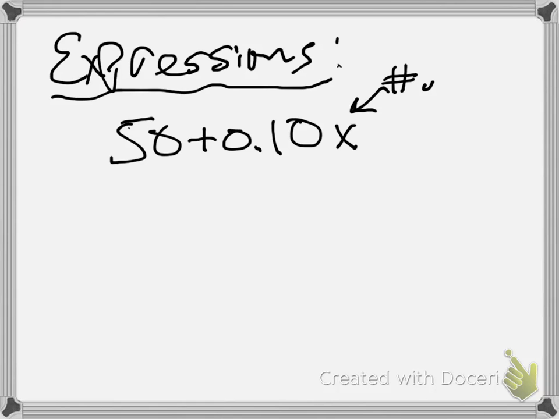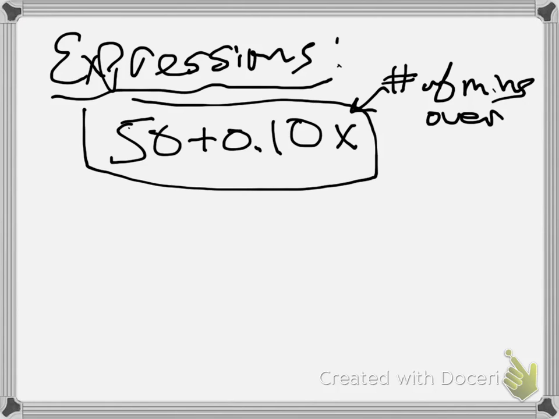We'll just make a quick little note: number of minutes over. This expression expresses your cell phone bill. So my cell phone bill changes, but we can do a better job than just saying my cell phone bill changes, so it's a variable, so I'll call it C. We can express it with this type of expression.